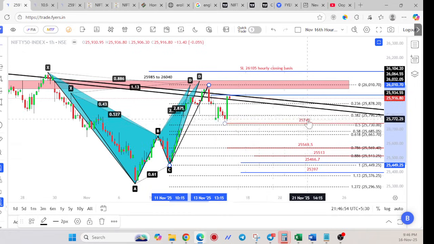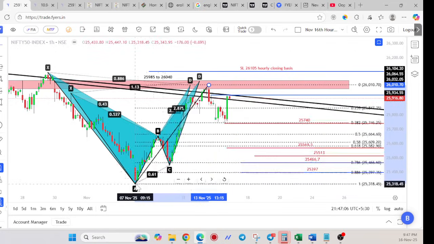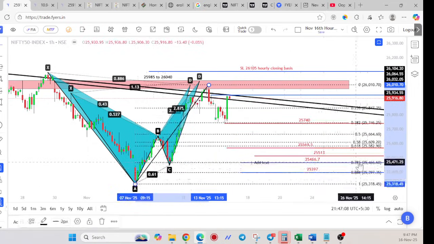If it breaks 25,740, the levels that are marked here are 25,569, 25,513, 25,466, which is coming from a bigger swing here, and 397 is also coming from the bigger swing. So these are the targets that you can look for a shorting opportunity in Nifty into the same PRSL.